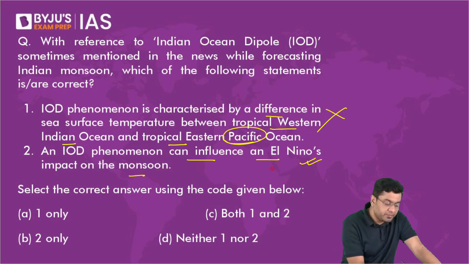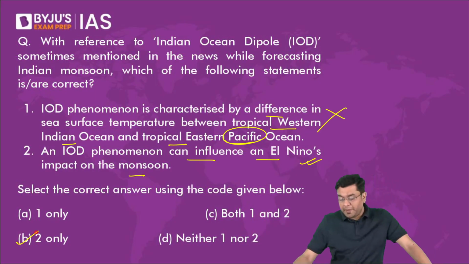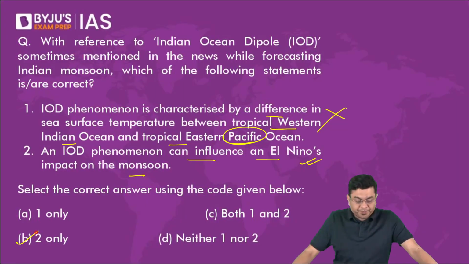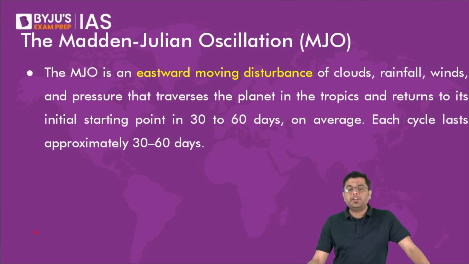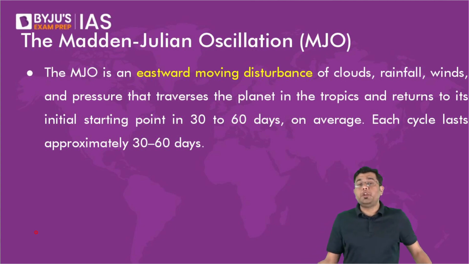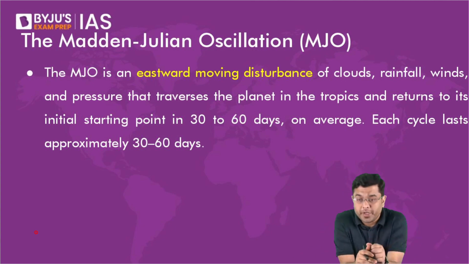This is correct. So the correct answer will be 2 only. I hope that is understood. Now, we come across what is referred to as the MJO or Madden-Julian oscillation.